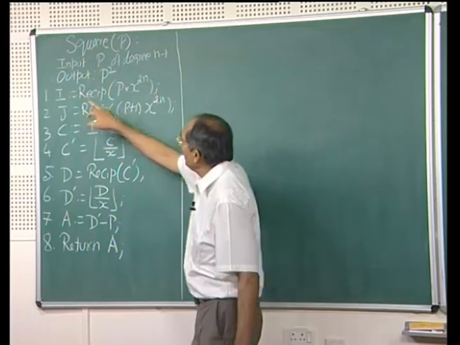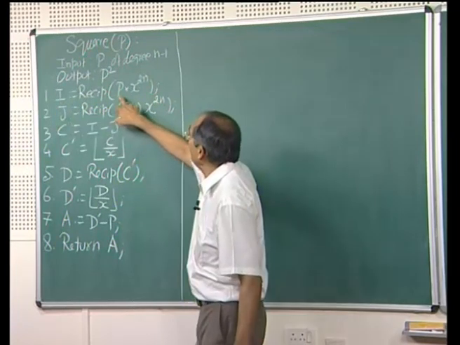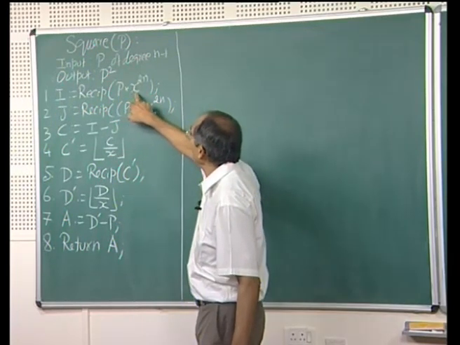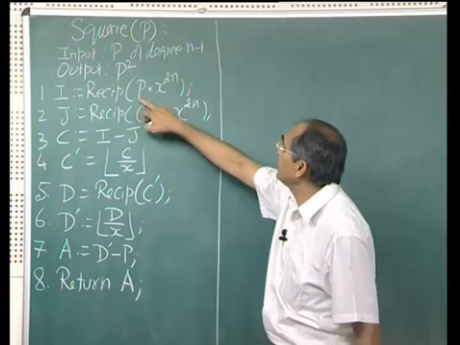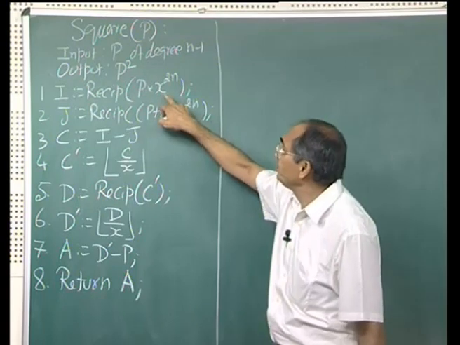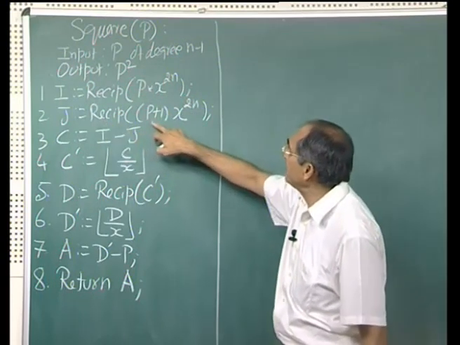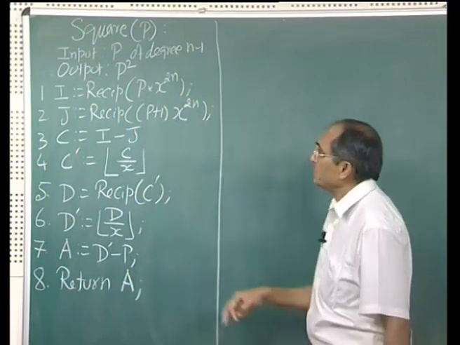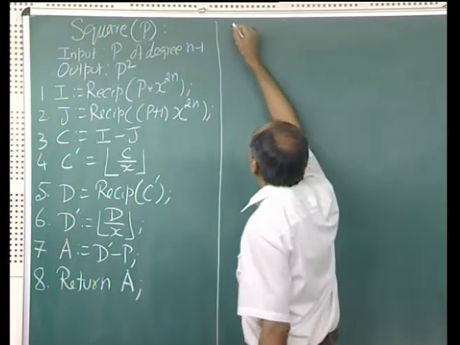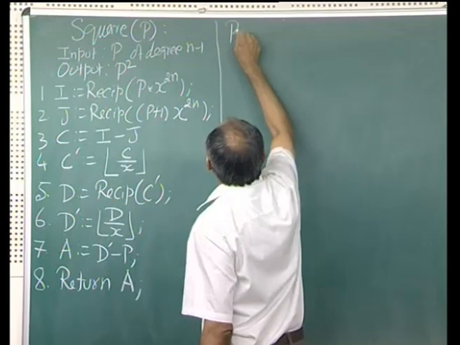We are computing the reciprocal of p into x to the power 2n minus 1. P has a degree n minus 1, so this has degree 3n minus 1. J is the reciprocal of p plus 1 times x to the power 2n minus 1 and so on. So, now let us again show the correctness.